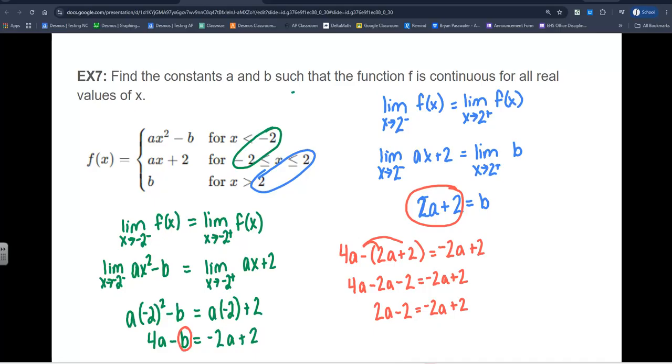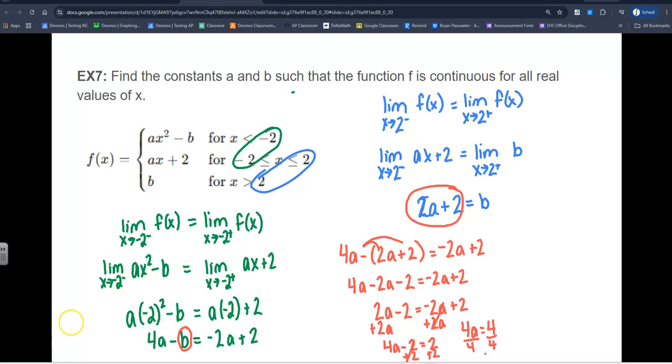What do I do after that? Move things to the other side. I'd make this a plus 2a right here. 4a minus 2 equals 2. Add your 2. 4a equals 4. Divide by your 4.